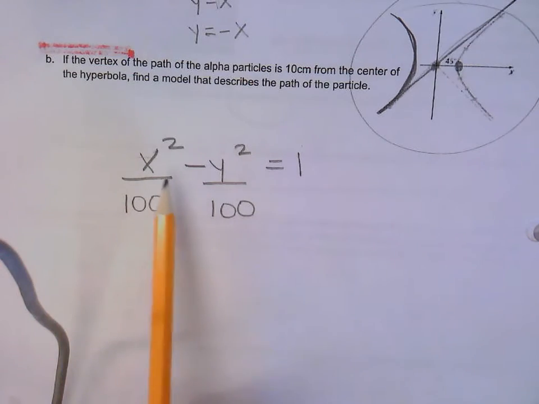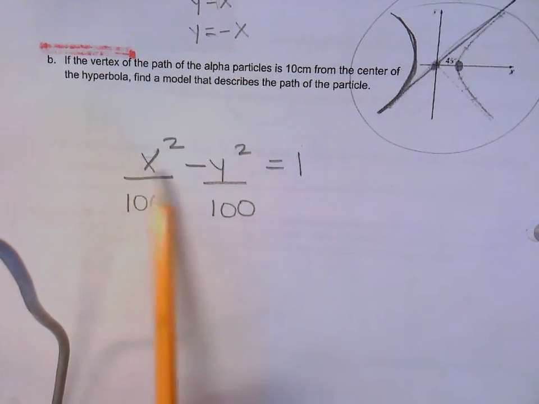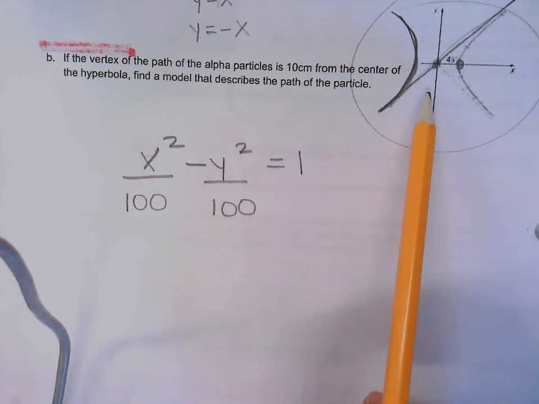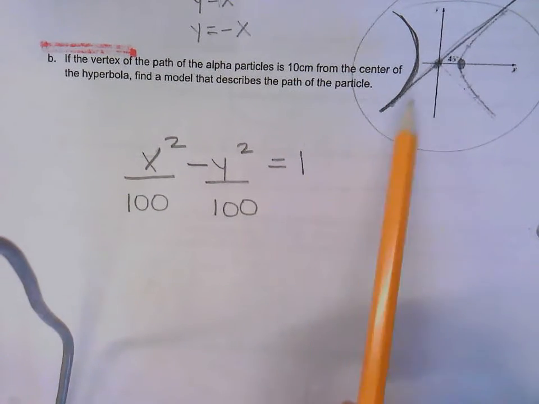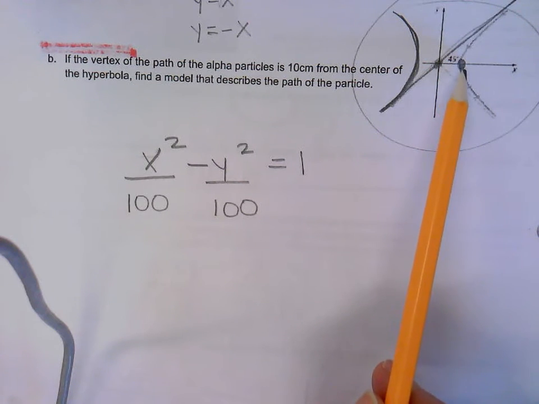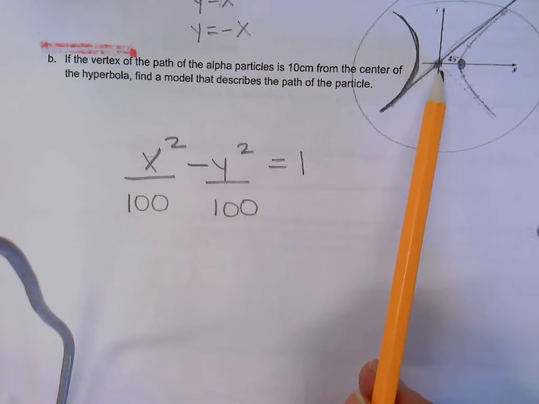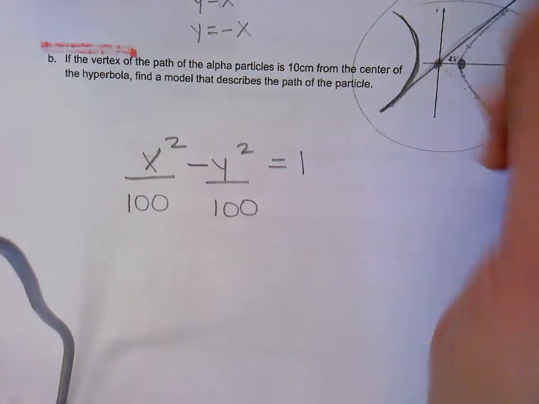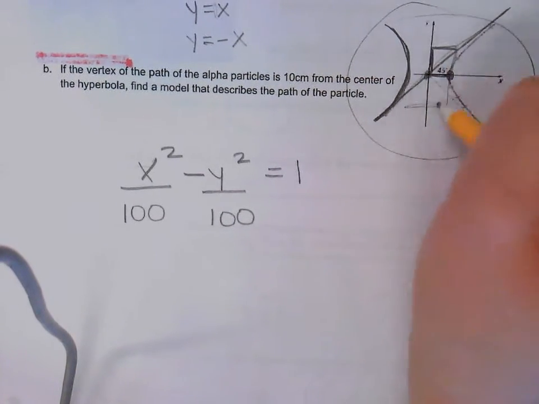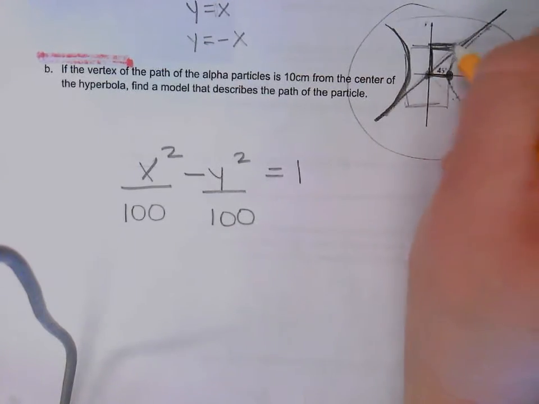So we know it's x squared minus y squared because it's horizontally oriented, right? Equals 1. And we know the A value is 10 because the vertex is 10 units from the center, so a squared is 100. And if this is 10, doesn't this have to be 10 so that your rectangular box is up 10 over 10?